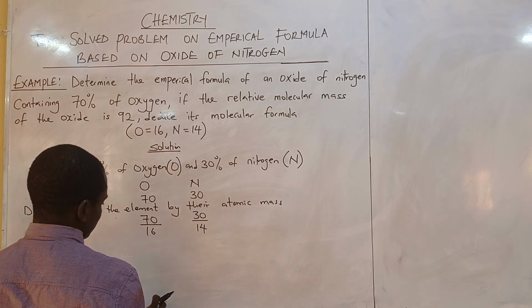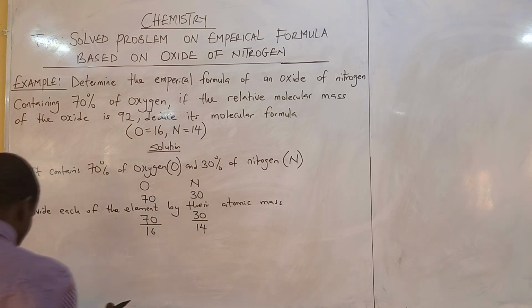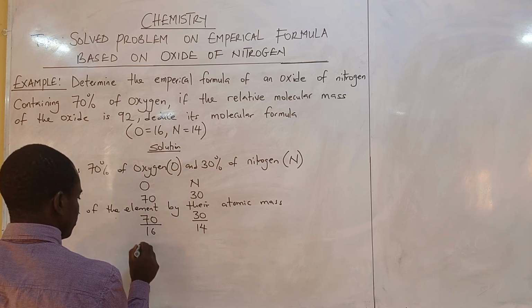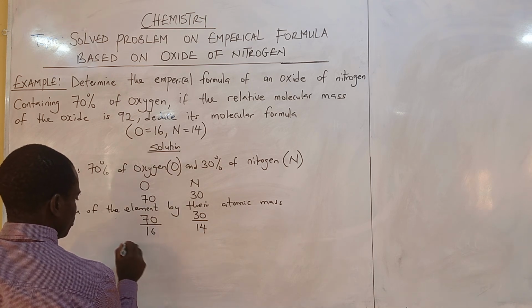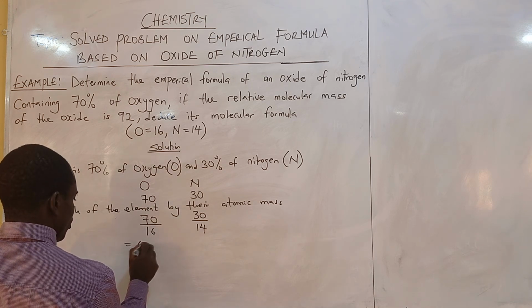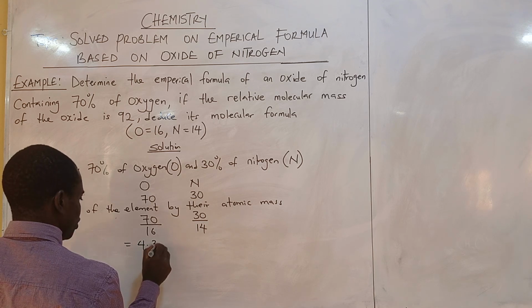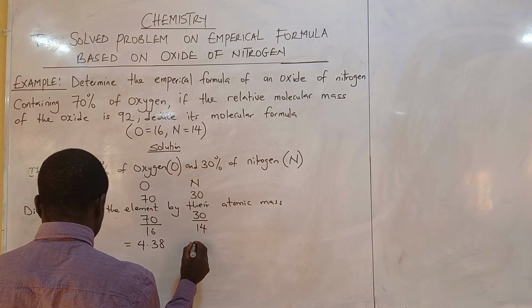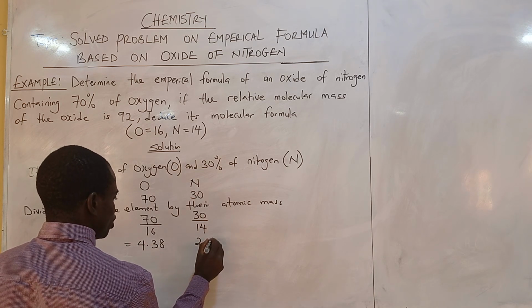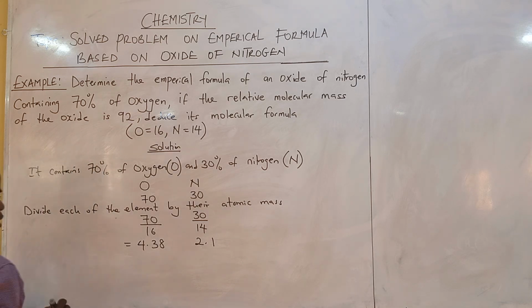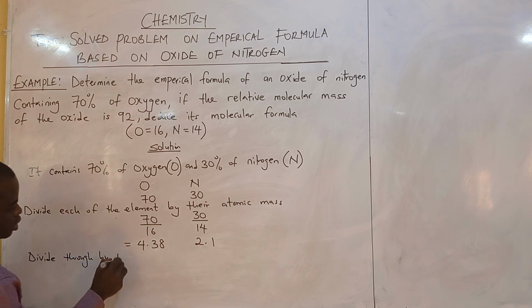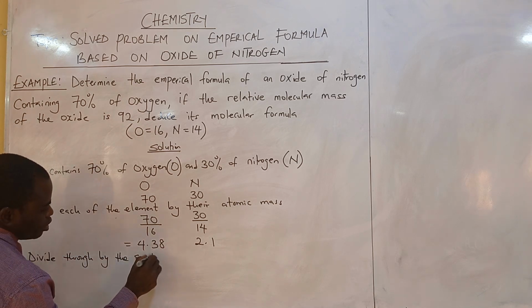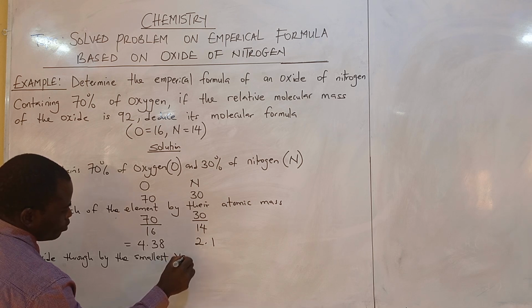70 divided by 16 will be equal to 4.38. 30 divided by 14, you have 2.1. Is that okay? Now divide through by the smallest value.